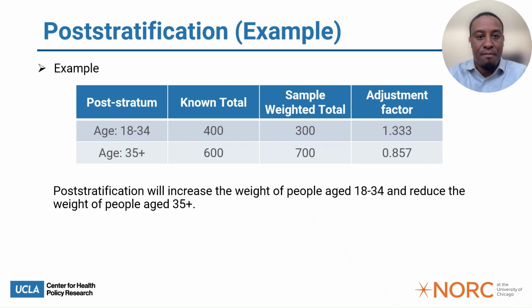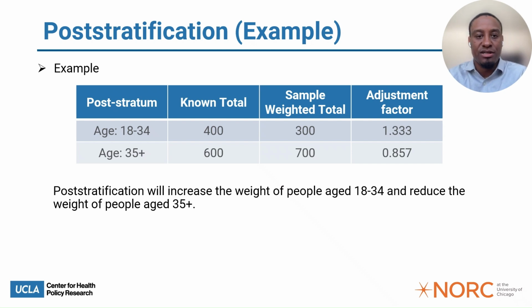Based on our sample and the original weights in our sample, the weighted totals are 300 from the younger age group and 700 from the older age group. And then we can see that, compared to the trusted source, there's a discrepancy. We have under-sampled the younger group and over-represented the older group.